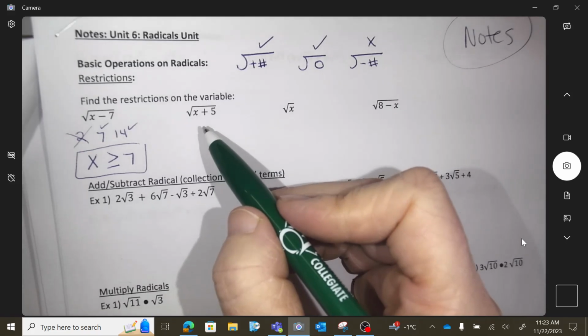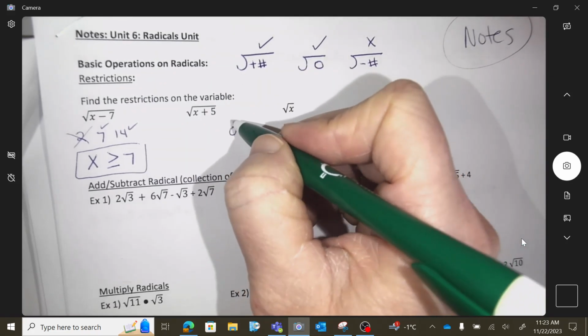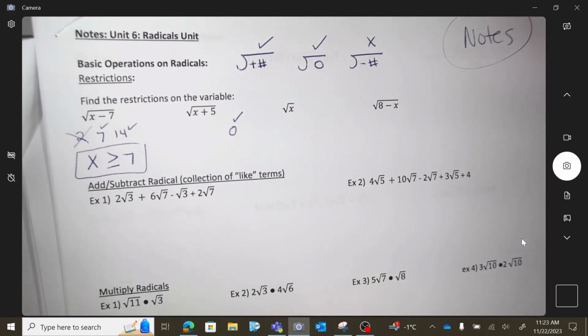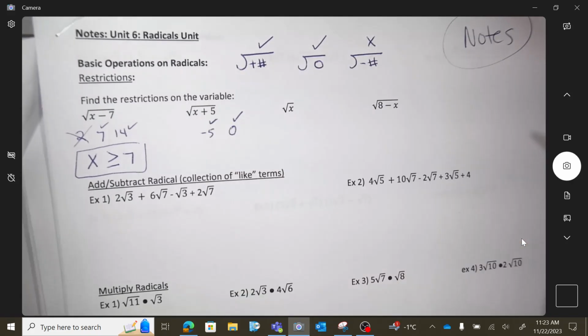Give me an example of any number that works. 0. 0 plus 5, that's good. Another number that would be fine. -5.